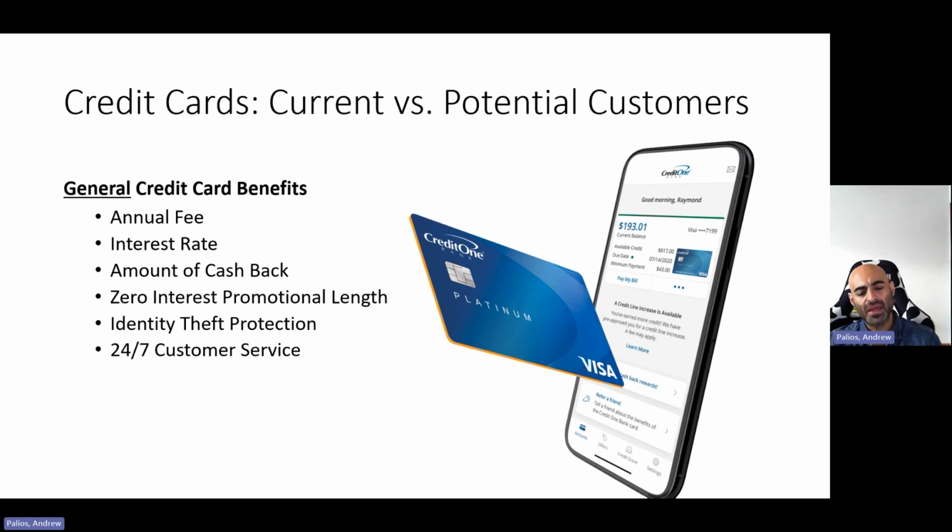So now that in society, identity theft has become something that's so common and actually affects a lot of people, and word is spread about that, and there is a lot of fear about that. It's become uncontrollable. Therefore, these companies have had to adjust to this uncontrollable social ill. 24/7 customer service, something again that is a general credit card benefit.